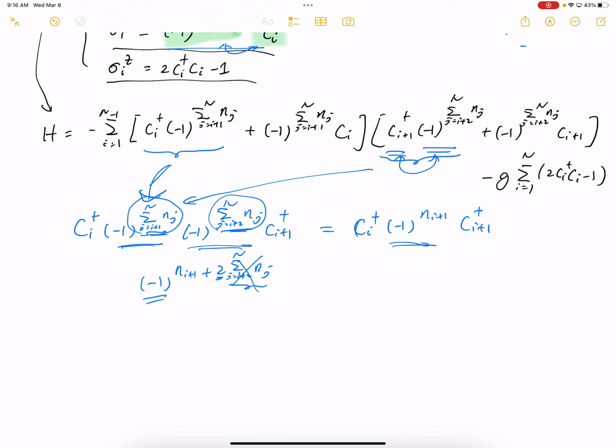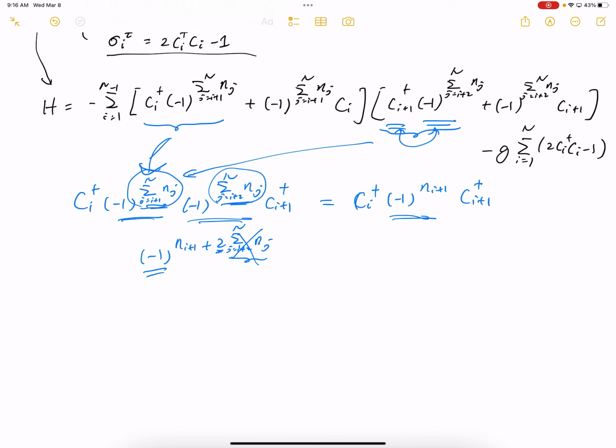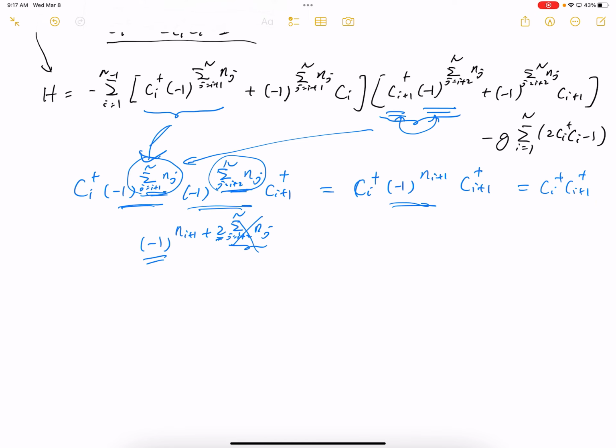In fact, this is actually true. So you can completely forget about this and just write it as this. They're exactly equal. So why is that the case? Actually, sorry, there should always be a minus sign here. And the reason is the following. We have a C_{i+1} dagger here, and we always need to apply this operator on some basis state.